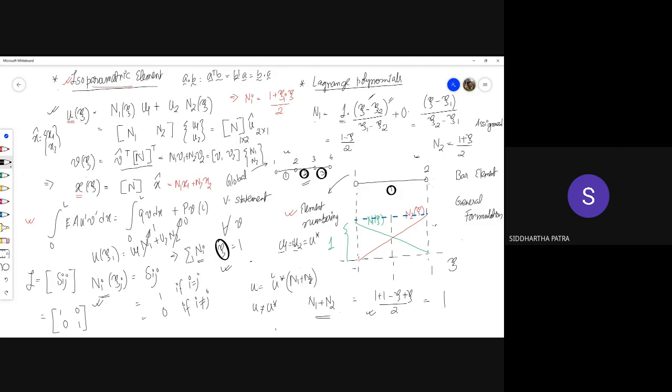Then to account for that variation, we need to look for any other degree of freedom.